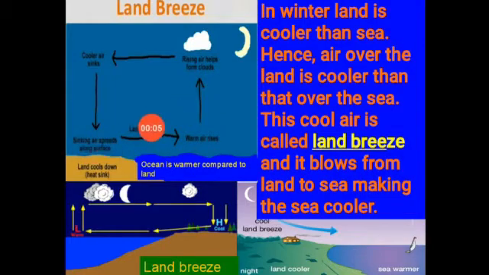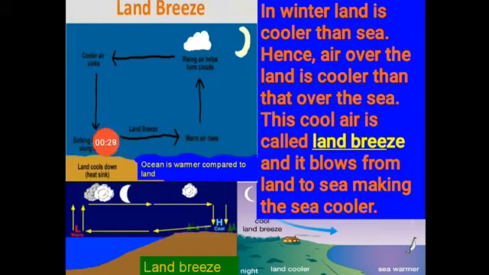In winter and during the nights, air over the land is cooler and air over the sea or water body is hotter. And now cool air from the land blows toward the water bodies or sea.